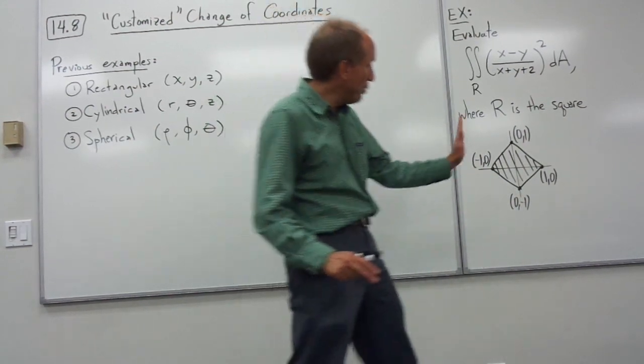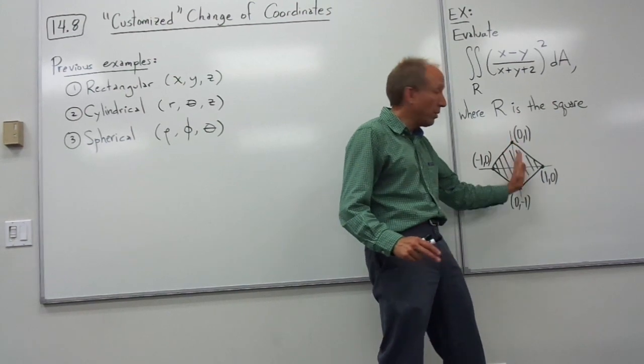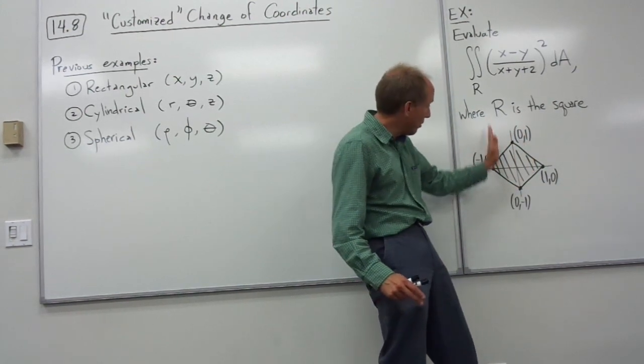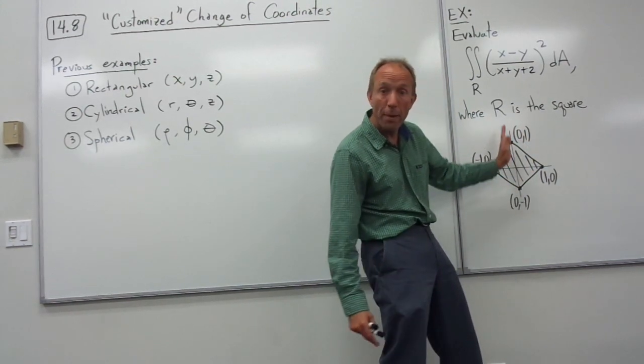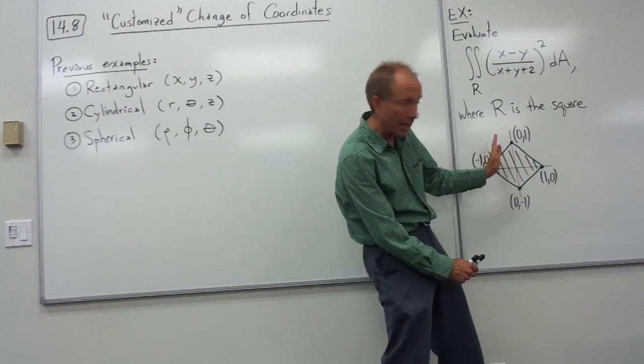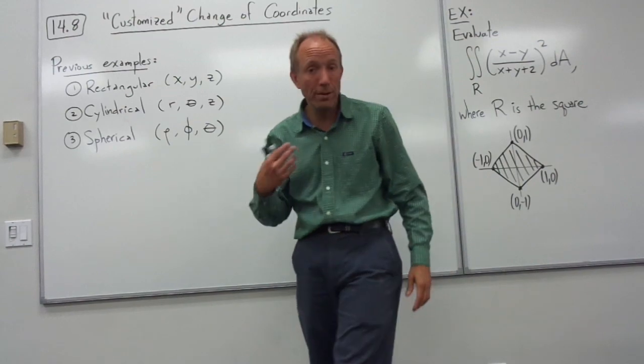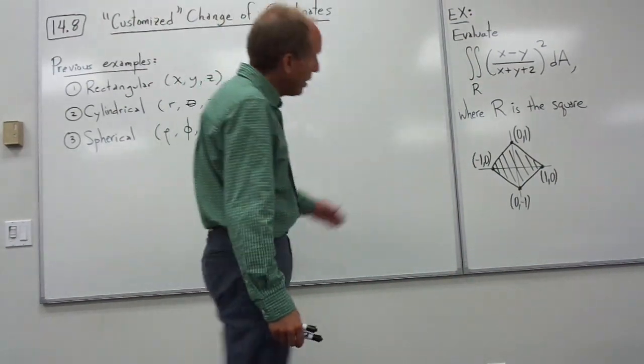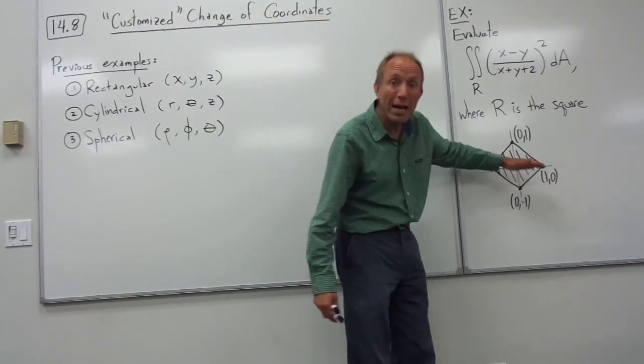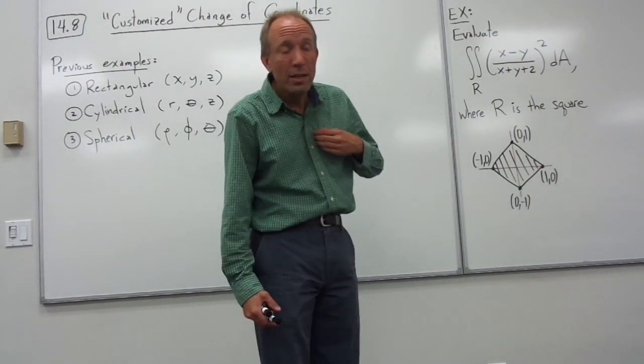If you chop your region with vertical slices, your lower and upper bounds will change halfway across to a different curve. But if you chop the other way, you actually have the same problem.